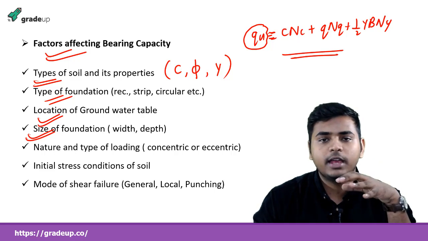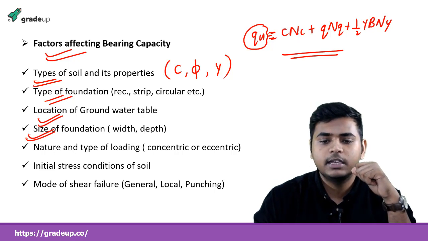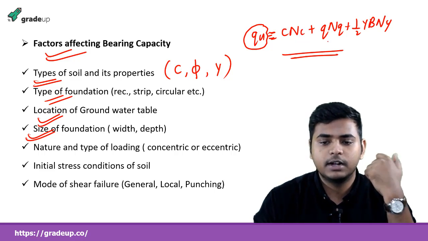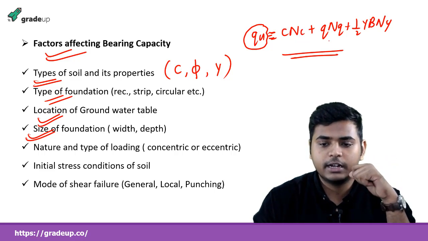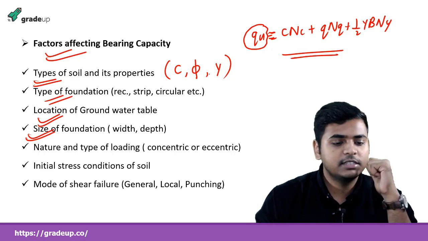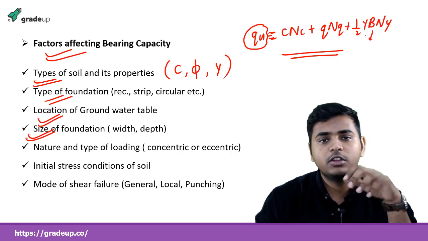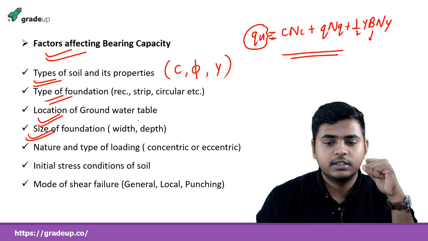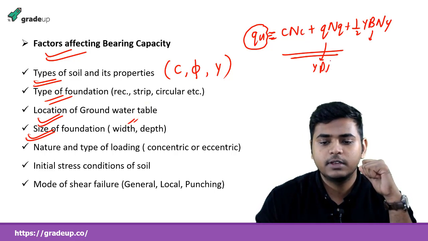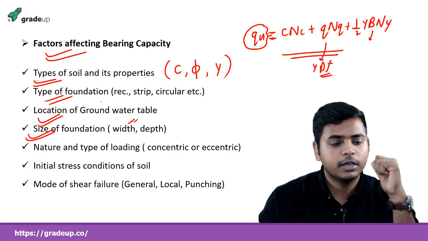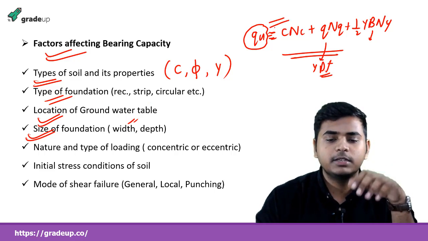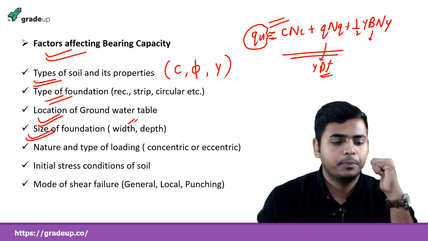Nc, Nq and N gamma are the bearing capacity factors, c is the cohesion, q is gamma into Df, the net overburden pressure which is acting, and B is the width of the foundation. So you can see it depends on the width as well as the depth, since q is gamma into Df. This formula you will be studying in great detail in the next video.